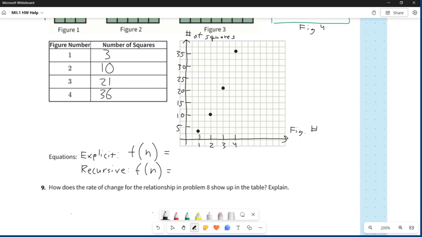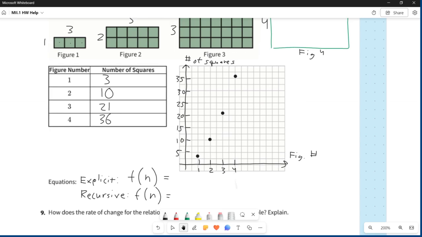With an explicit equation, our explicit equation is going to be in terms of n. So what we want to do is come up with some way of determining the number of squares for any figure, figure 5, figure 12, figure 100. And we want to be able to do that by simply plugging in that number, 5, 12, 100, n in this case.